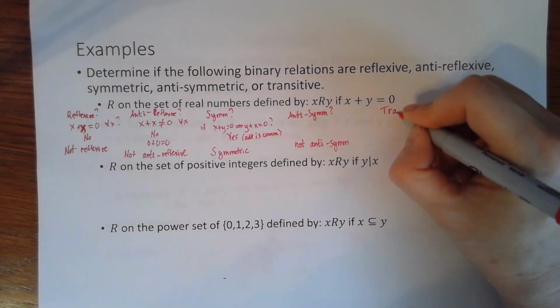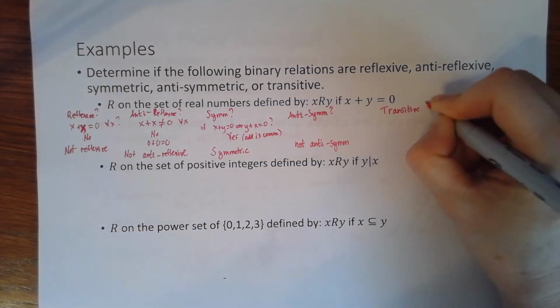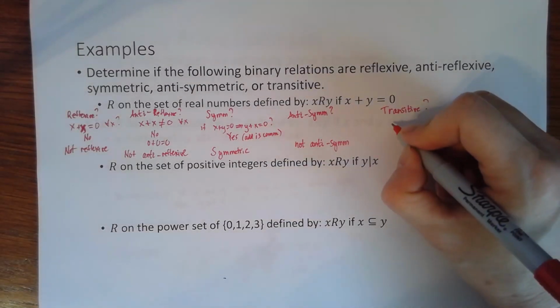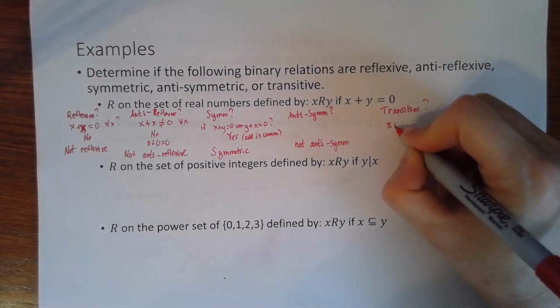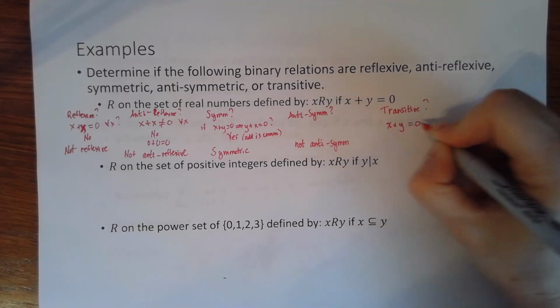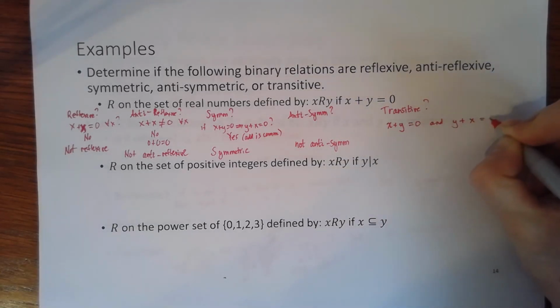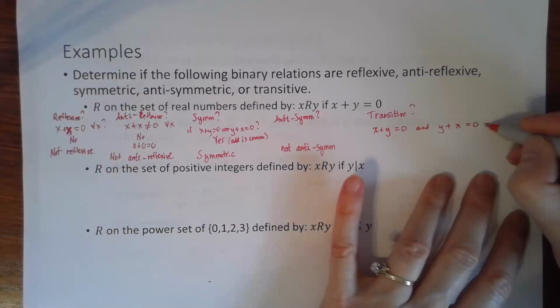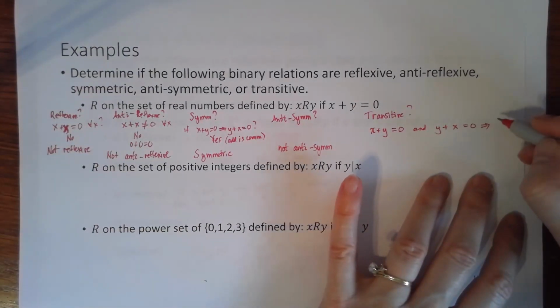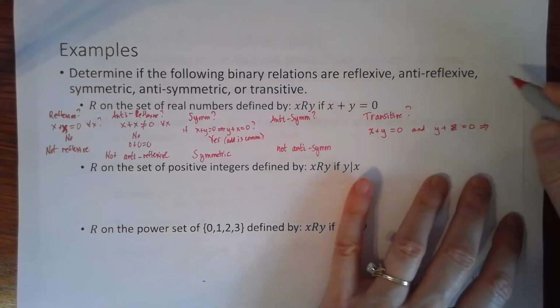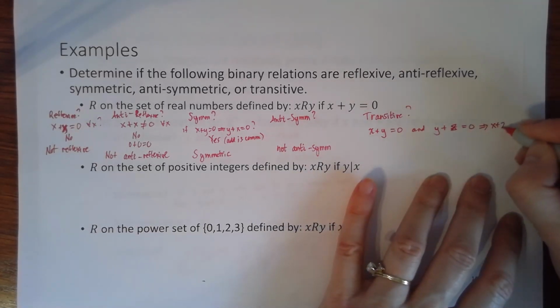Is it transitive? Okay. So if I have that x plus y equals 0 and y plus z equals 0, is that going to give me that x plus z equals 0?